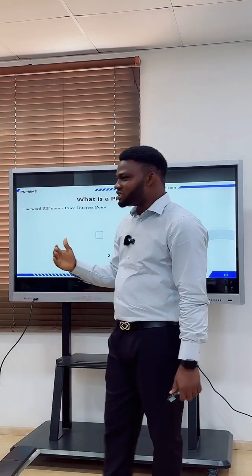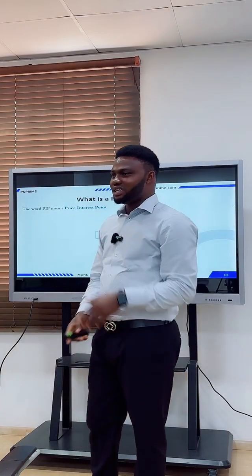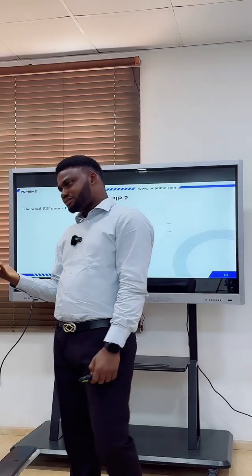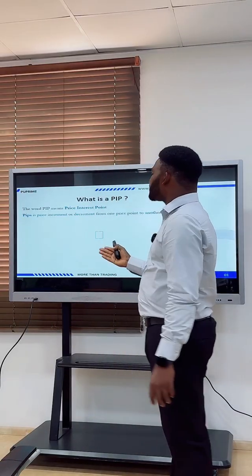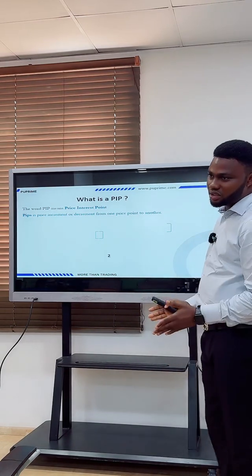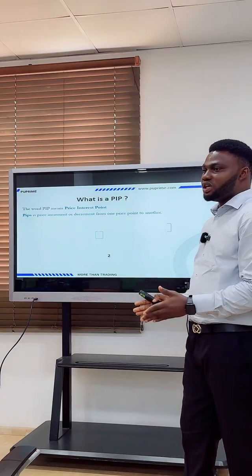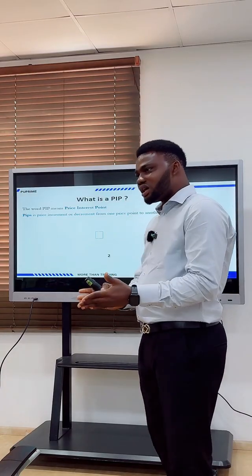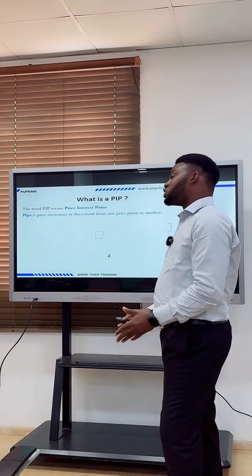That movement of price from one point to another, the increment or decrement from one price point to another, is what we refer to as a pip. It could be an increase and it could be a decrease as well.